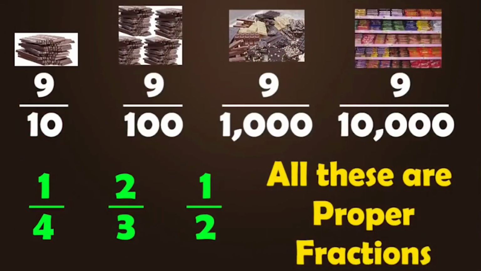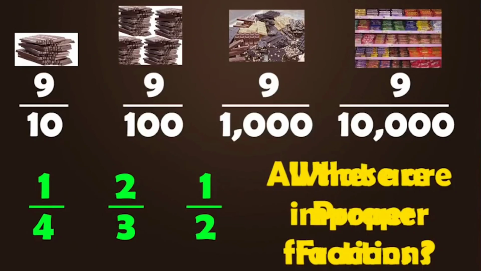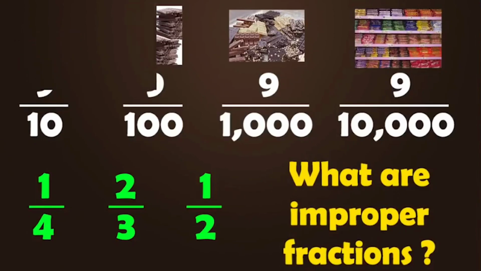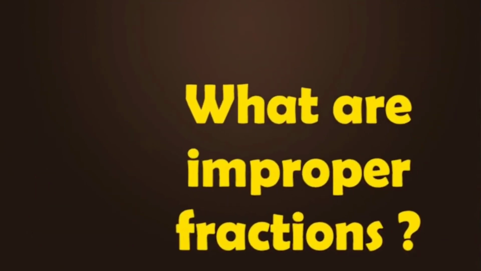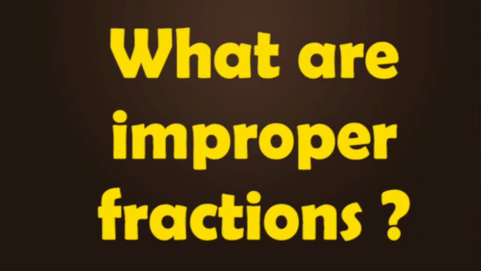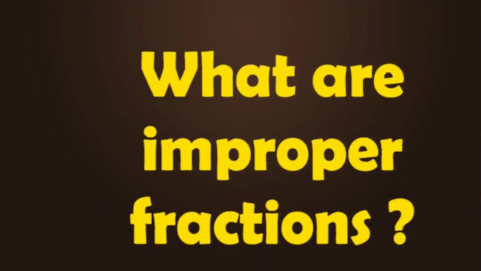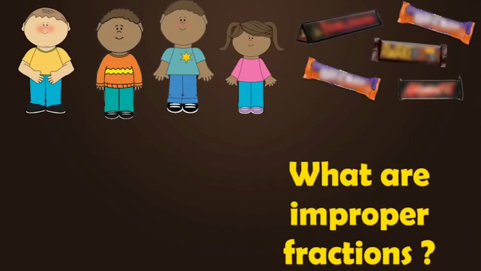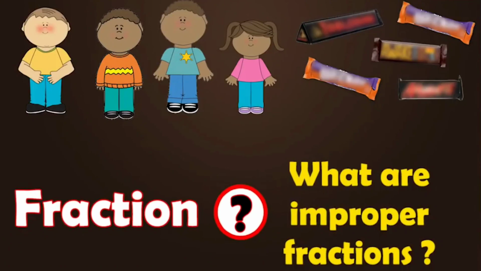If all the fractions that we have studied till now are proper fractions, then what are improper fractions? Nothing is basically improper with these fractions. These are just called improper fractions. If you guys had 5 chocolates instead of 1, then what will be the fraction formed?